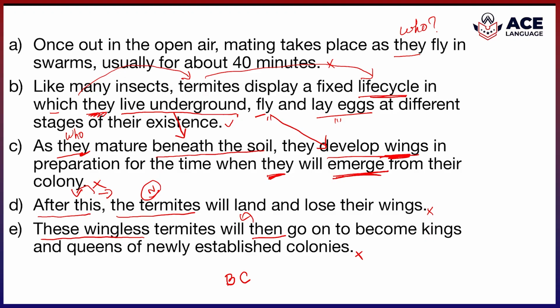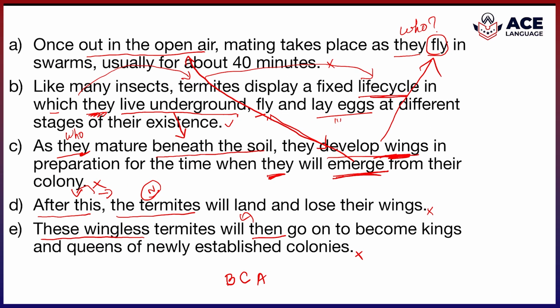So if we look at the first sentence, that is number A, it says once out in the open air. So see how emerge is referring to that out in the open air. Mating takes place as they fly. Because they developed wings, now they will fly in swarms, usually for about 40 minutes.